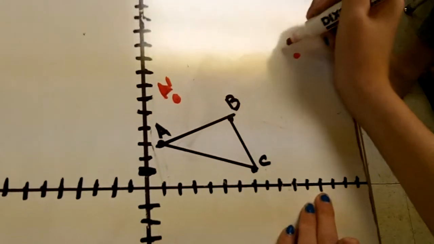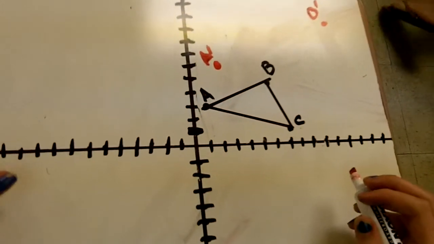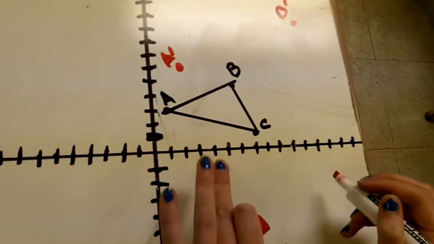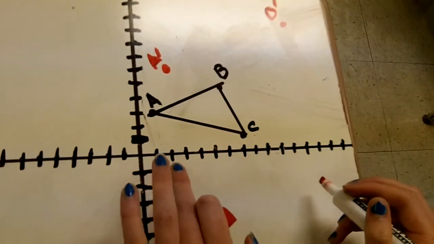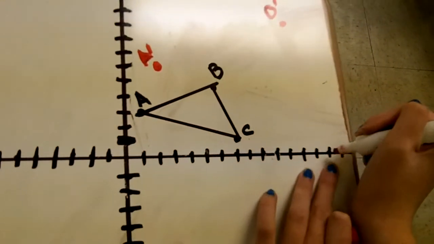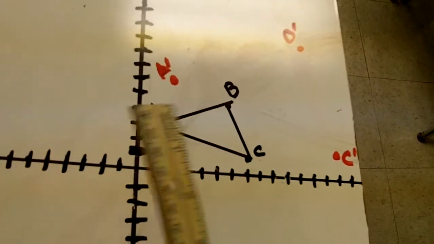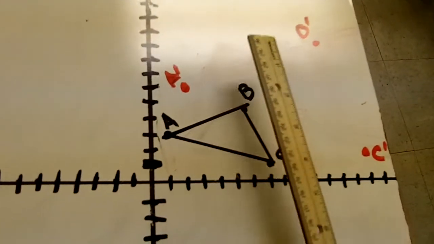Alright, and there is our B prime. Now C prime is 14, 2. Over 2, 4, 6, 8, 10, 12, 14, and up 2. And there is C prime. So we're just going to go ahead and connect those points, and we'll have our new prime triangle.